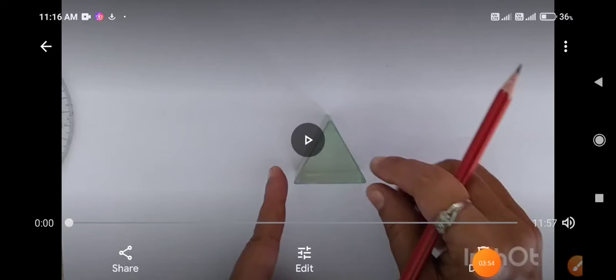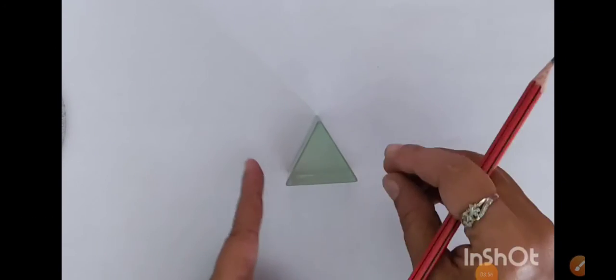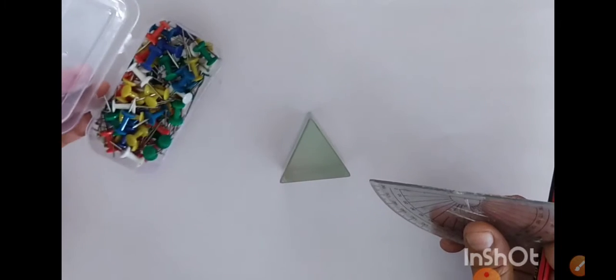Now what is the procedure? The procedure is nothing but how you will perform this experiment. In this experiment we need a prism, pencil, eraser, these thumb pins, and a scale.